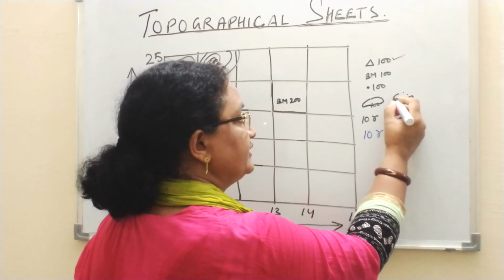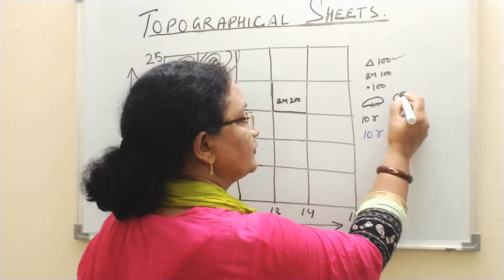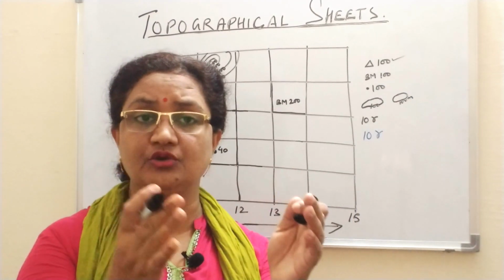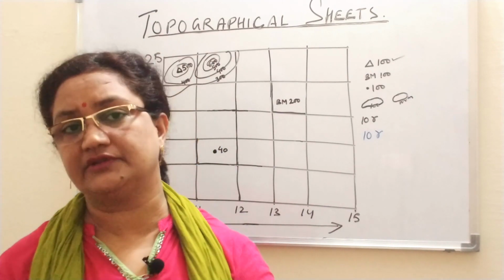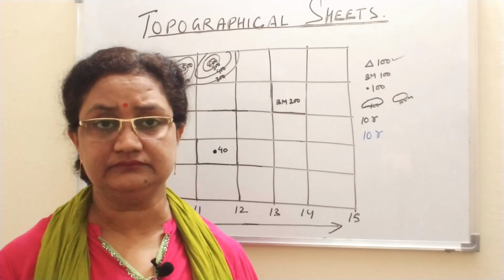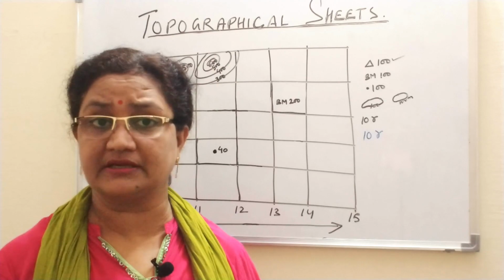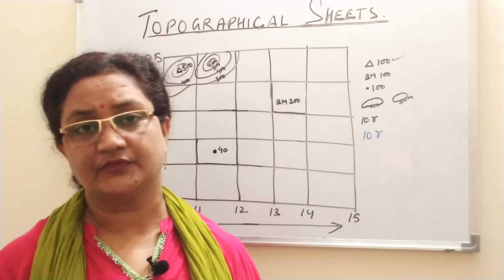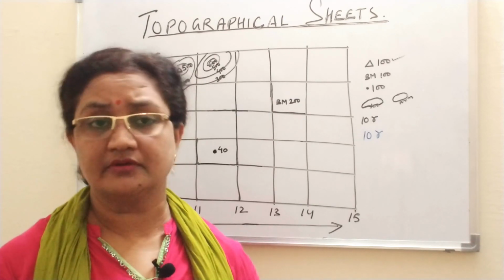And when we join all these places with a line, that forms a contour having a value of 100 meters above the mean sea level. So this is another method which is used to show the height of any place with the help of contours.